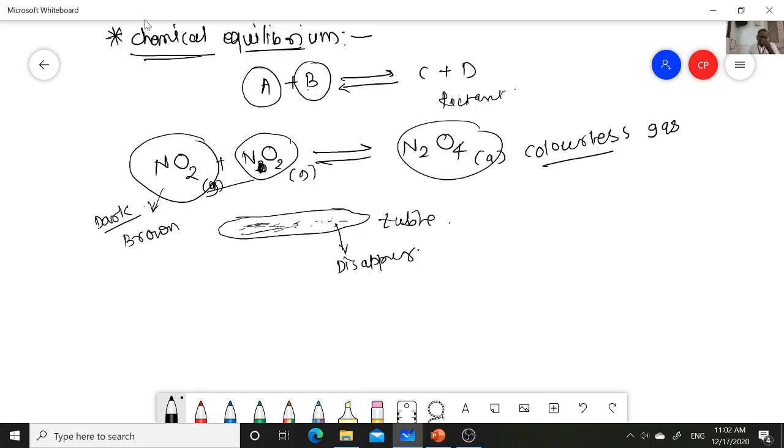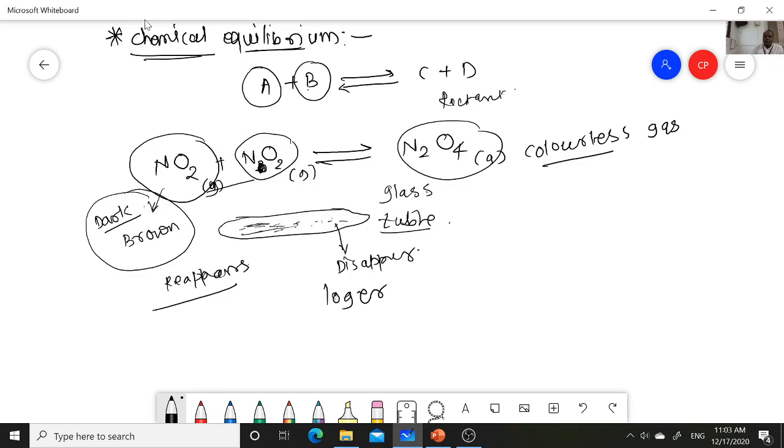But if we keep this mixture of NO2 and N2O4 for a longer time in that glass tube, what will happen? The disappeared dark brown color reappears, and if we keep it for longer, there is equilibrium between this colorless gas and dark brown gas.